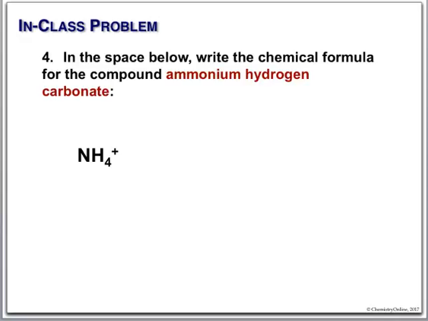Carbonate is another polyatomic. This is an anion. Carbonate, I hope you remember, is simply CO3. Now this is ammonium hydrogen carbonate. So the hydrogen is going to bring along with it a plus charge. So we have one plus here, one from the hydrogen. That'll neutralize both of these.